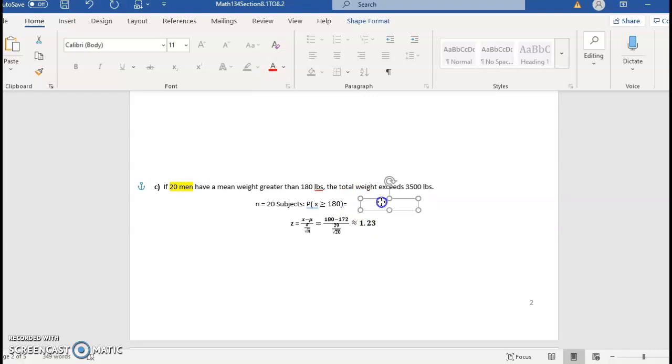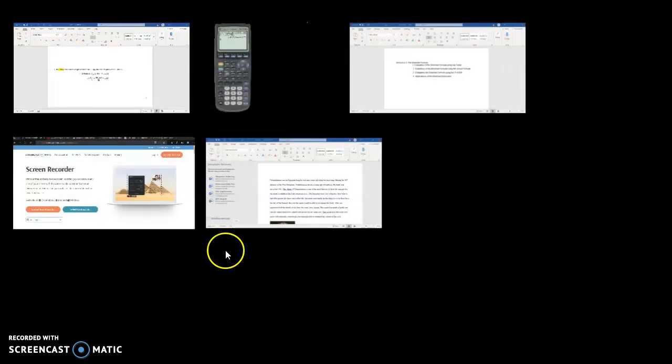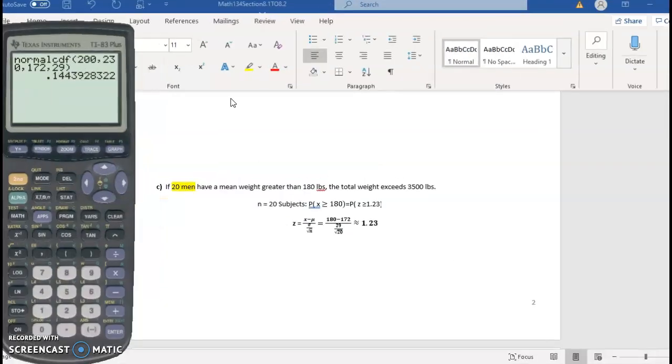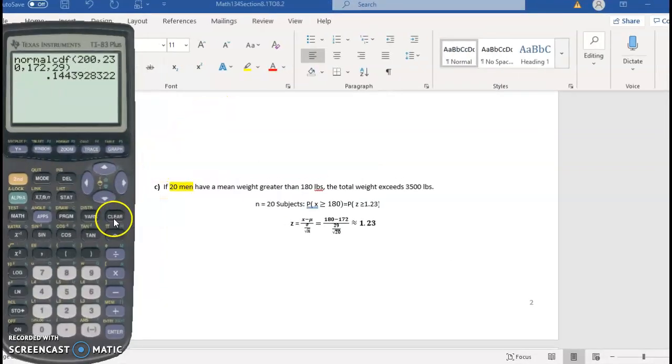Now, at this point, we're rewriting the statement: x is greater than or equal to 180, but remember that this is for 20 individuals, which in terms of a z-score represents z is greater than or equal to 1.23. So please evaluate this one with 1.23.